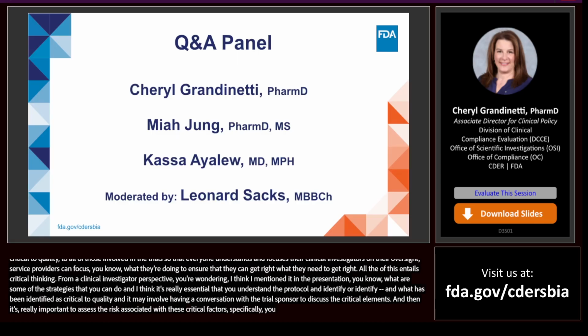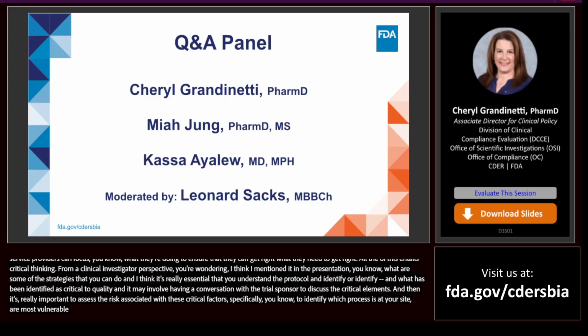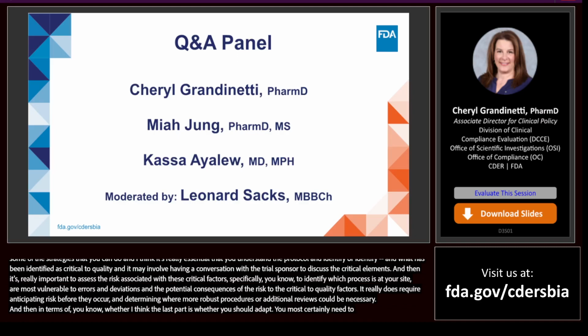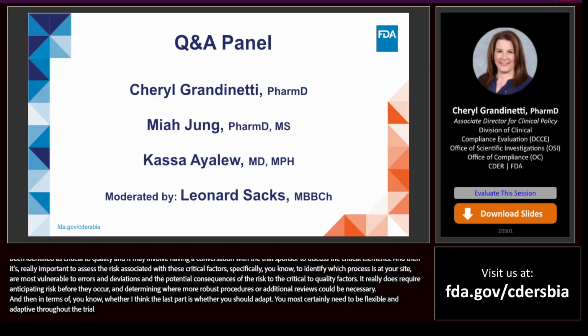By identifying vulnerable processes and anticipating potential errors, investigators can effectively minimize deviations that may compromise trial outcomes. In this ever-evolving landscape, flexibility and adaptability emerge as essential traits throughout the life cycle of a clinical trial. Adjusting procedures in response to emerging risks guarantees that both quality and safety are prioritized without compromise.